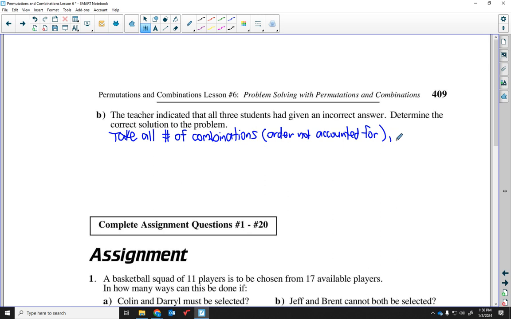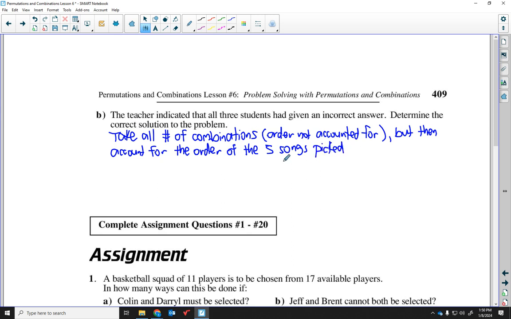But then after we identify all the combinations and we've chosen our 5 songs, we're going to figure out the number of arrangements we can have. So then we're going to say, but then account for the order of the 5 songs picked.